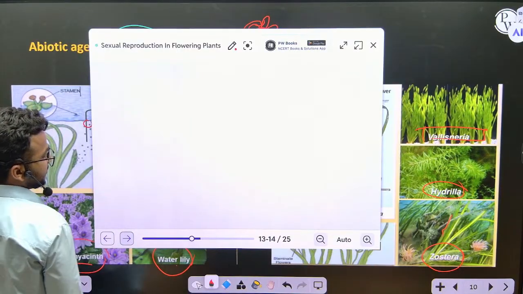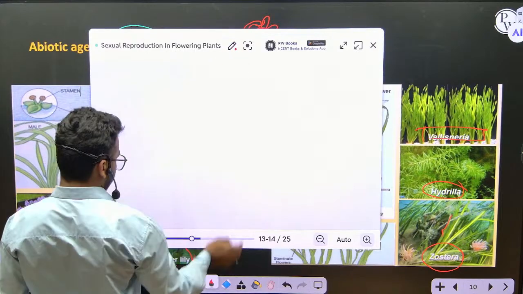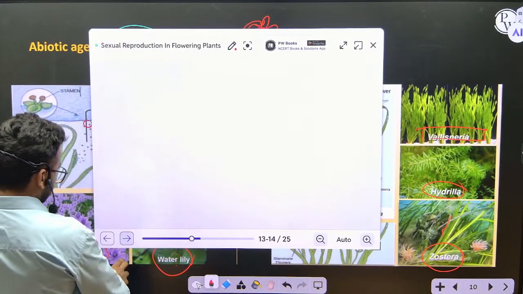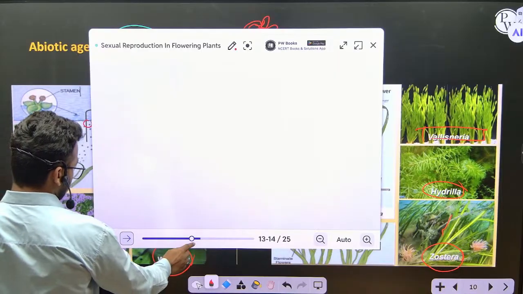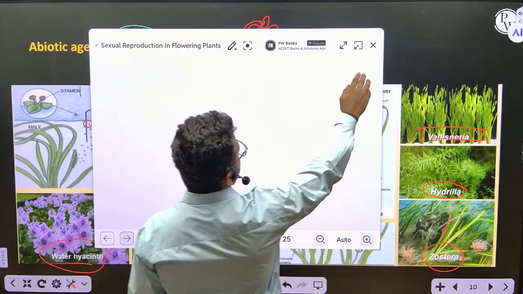So regarding this diagram, they asked in the last NCERT, last PYQ, they asked on wind pollinated plants.